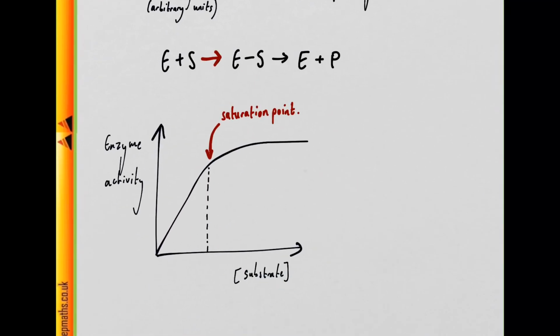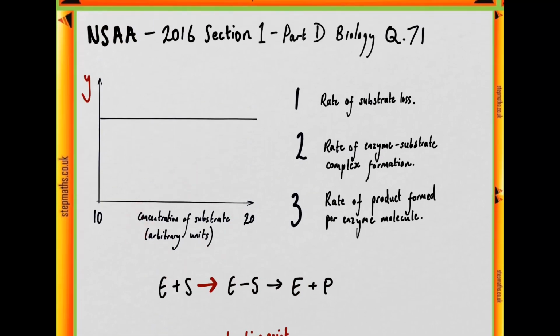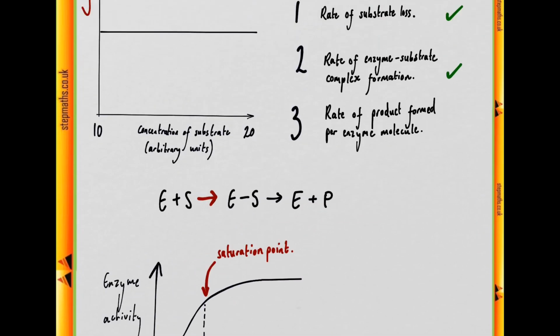Well, we know from our graph that after the saturation point, this could well happen. Increasing the concentration of substrate could have no impact on the rate of formation of complexes and therefore the rate of substrate loss. So we can say for 1, and indeed for 2, which is saying the exact same thing, these could both potentially be our y-axis, provided we are after the saturation point.